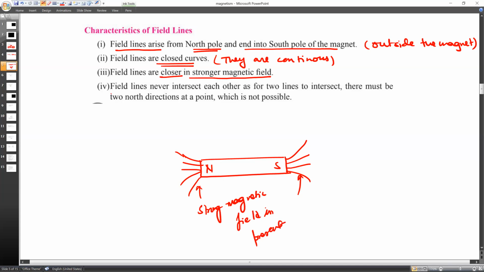Field lines never intersect each other. Why?